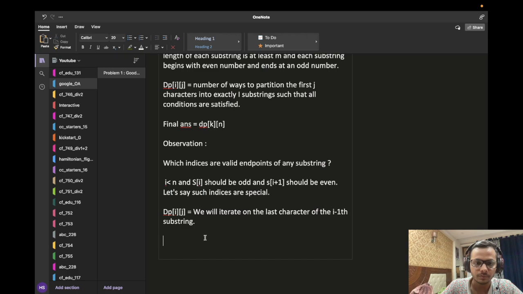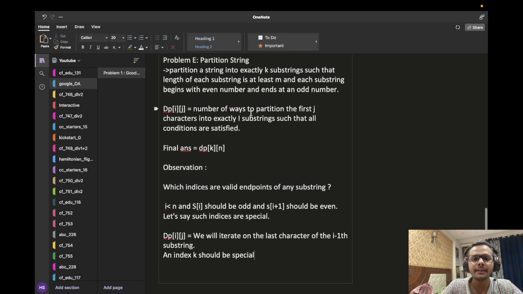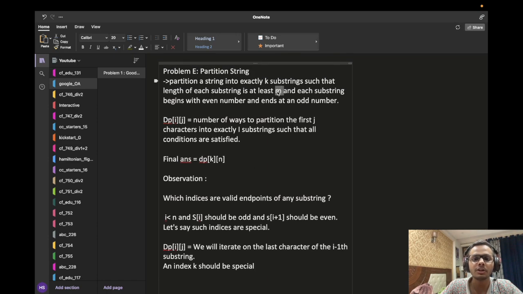Okay. So for an index to be a valid endpoint of the i minus 1th substring, the condition is that an index k should be special. But another thing that we are missing here is that the length of each substring should be at least m.